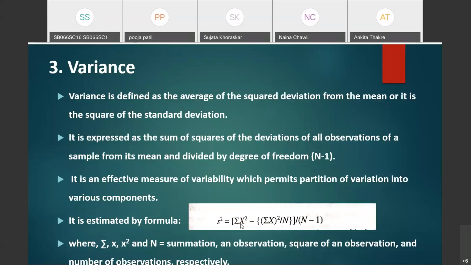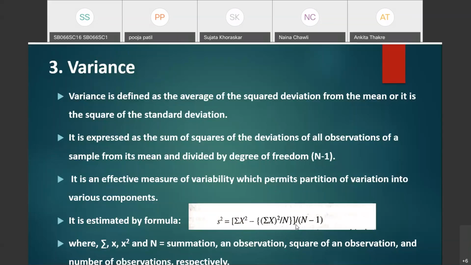Here you can see the summation x squared. Here x means the observation. First of all you have to square the value of each observation, and take the summation of all x squared, minus the summation x, in brackets, squared, divided by the number of observations.